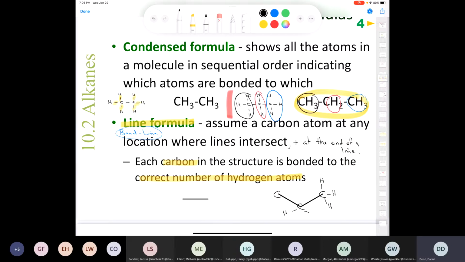This carbon has to have 1, 2 bonds to hydrogen. And this carbon has to have 1, 2, 3 bonds to hydrogen, like that. And that's a bond line formula. So you can see how bond line formulas are extremely powerful, because you can communicate so much information so quickly with other scientists.